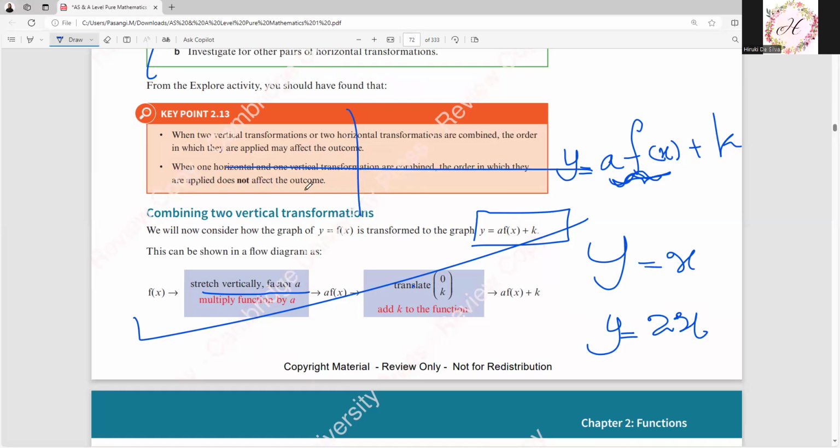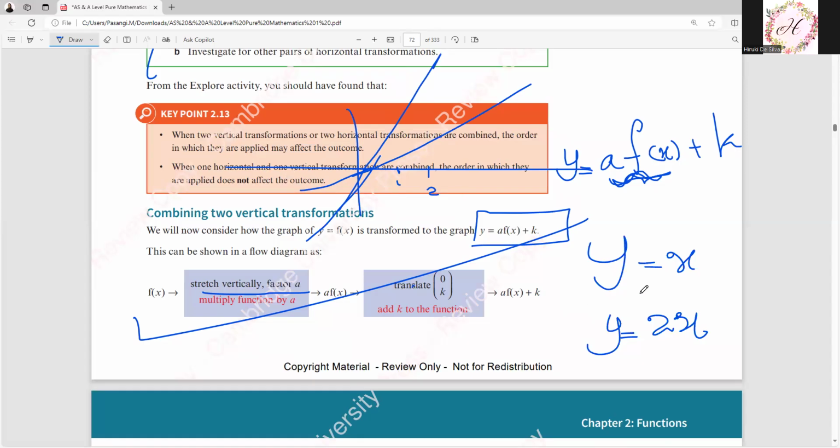For y equals x, the line will be like this. Now for the same x values, what will happen? If it's 2x now, we can find out a proper stretching there.